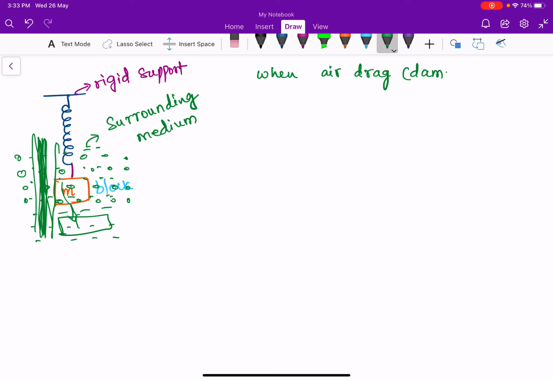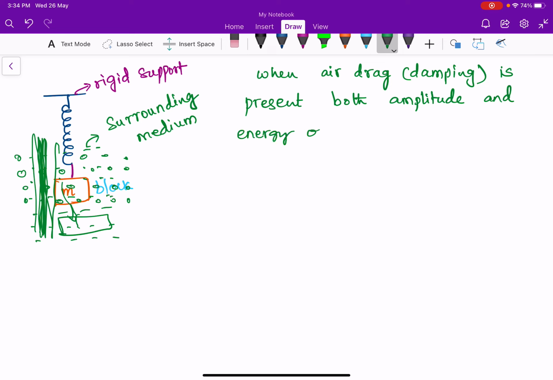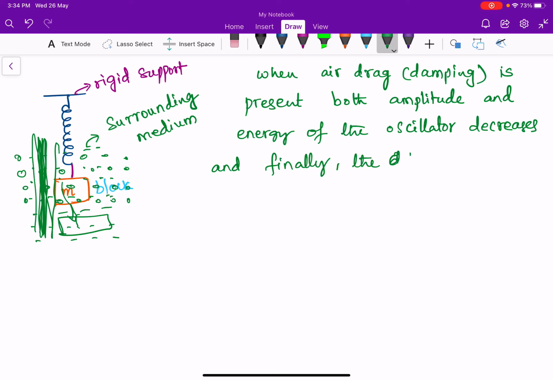When damping is present, both amplitude and energy of the oscillator decrease, and finally the oscillations die out.